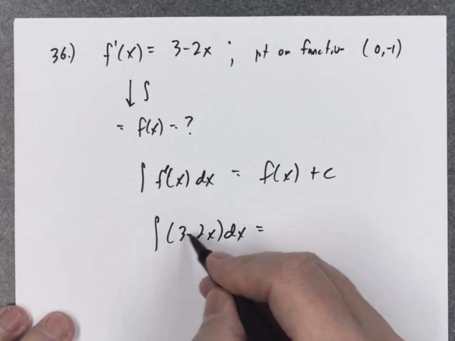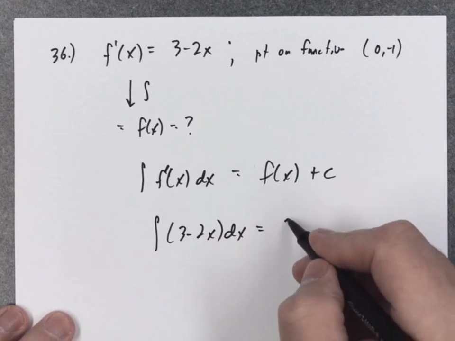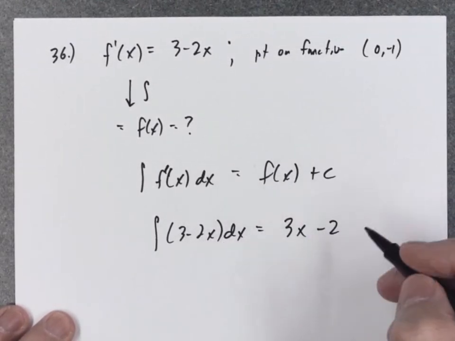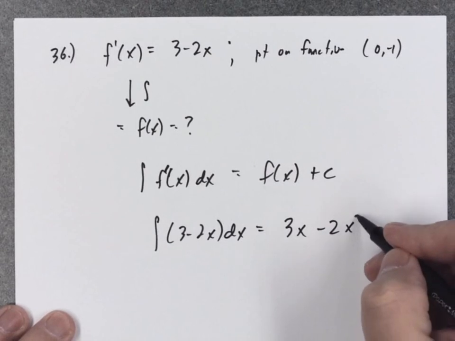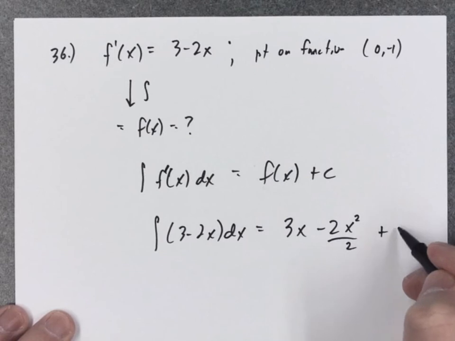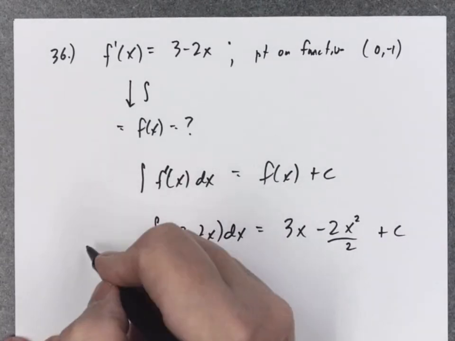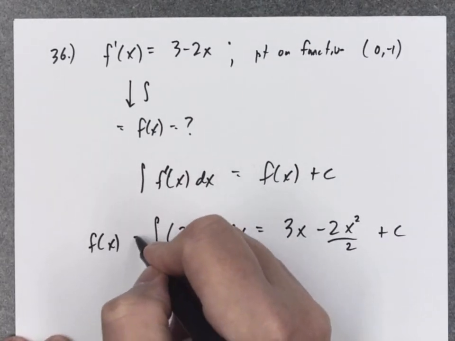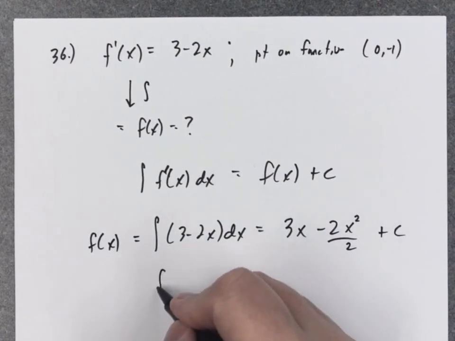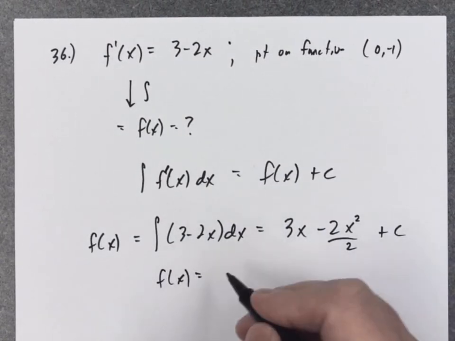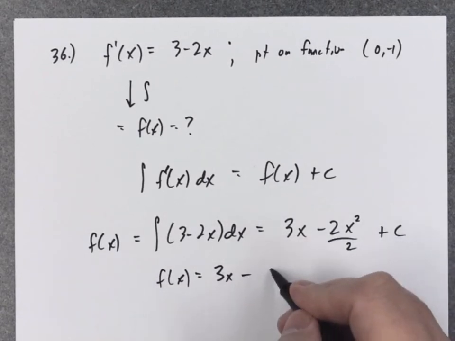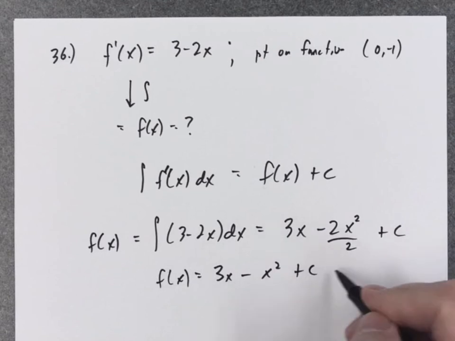It's actually a pretty straightforward integral. Integral of 3 is just 3x minus 2. Integral of x, power rule says add 1 to your exponent, divide by 2. Then you got to put your plus c. So this is really f of x. So my original function is 3x, these 2's cancel, minus x squared plus c.